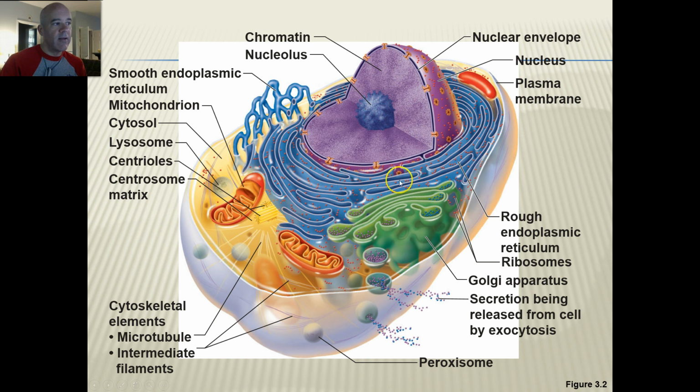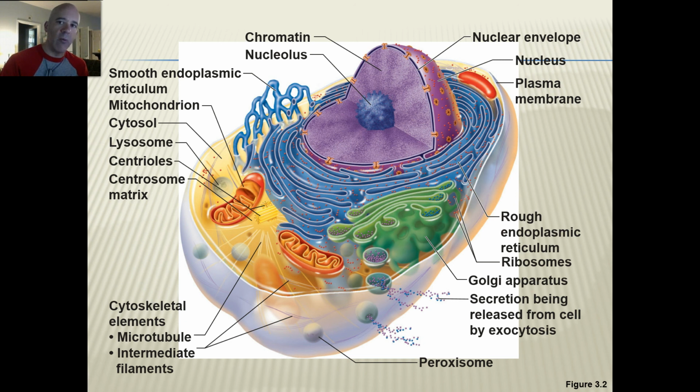And all of these structures you see in here, this blue one, the endoplasmic reticulum, the lysosome over here, mitochondrion. This green structure is called the Golgi apparatus. Then you've got these little fibers, these tube-like structures extending throughout the cell. Those are parts of the cytoskeleton. All of those things are considered to be organelles inside the cell.